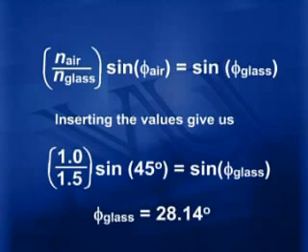Let's put the same value in the relation. So we can say that now 1.0 over 1.5 times sine of 45 is equal to sine of phi_glass. And simplifying it, we'll be able to compute that phi_glass would be equal to 28.1 degrees.